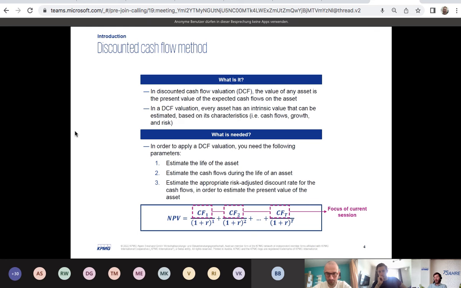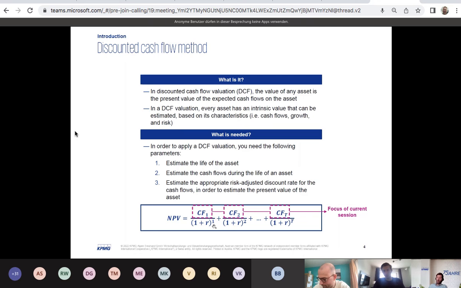And you see here also the net present value equation, which is basically discounting all of your future cash flows, including the terminal value cash flows if you have a terminal value, with the risk-adjusted discount rate.